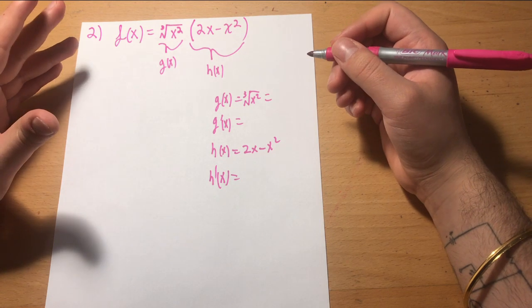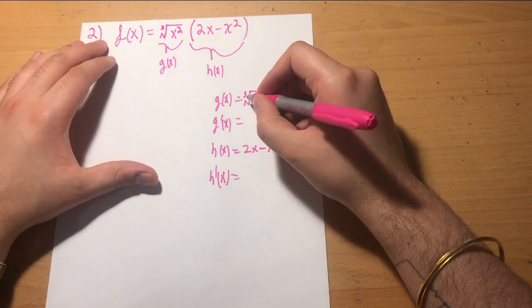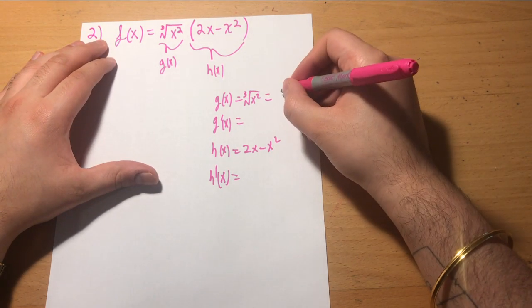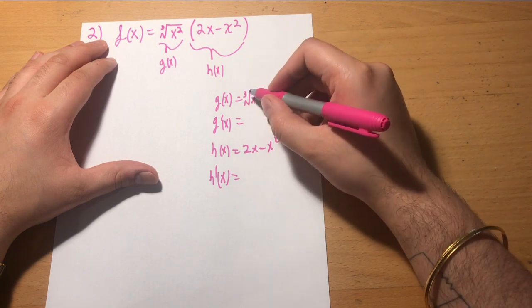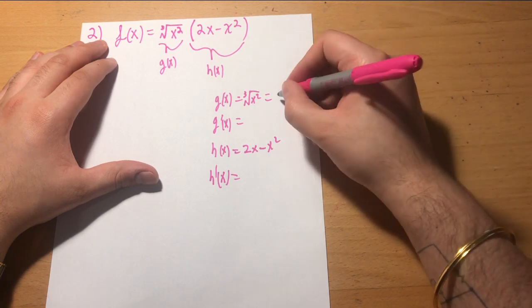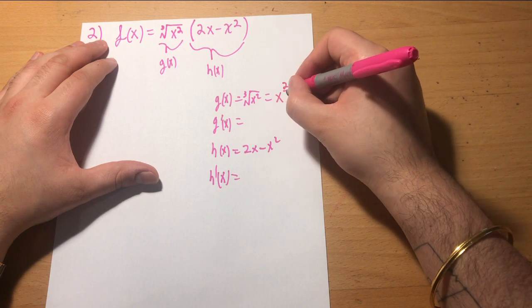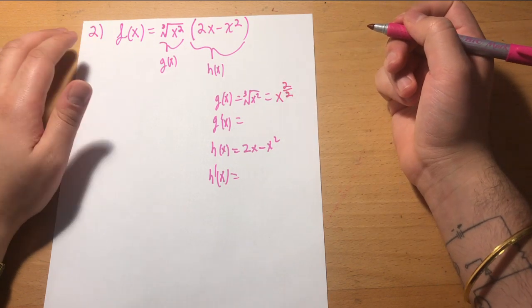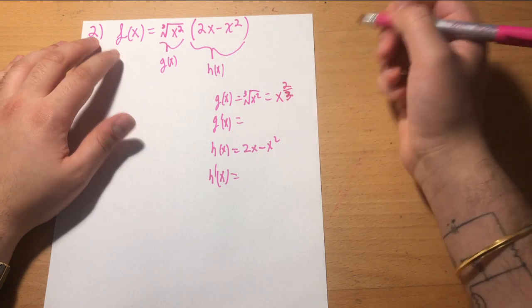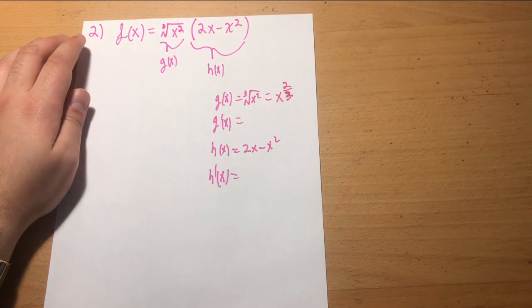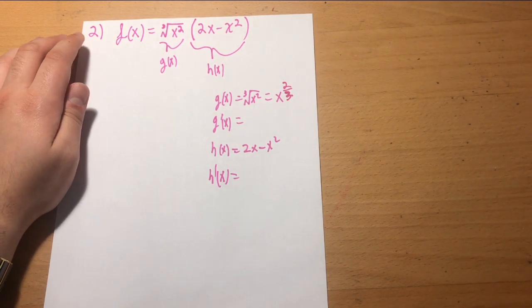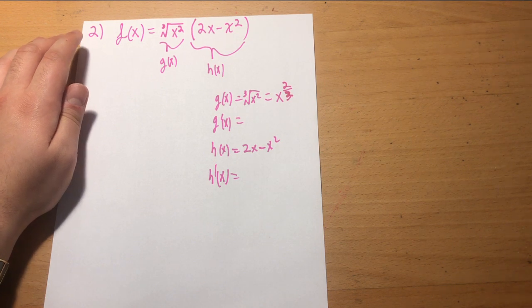When you have a root, you can change it into an exponent where whatever root you're taking, so this is the third root, for example, goes into the denominator of the fraction. So this is the same thing as x to the 2 over 3, all right? And like I said, this should be straightforward, something you should be very familiar with.